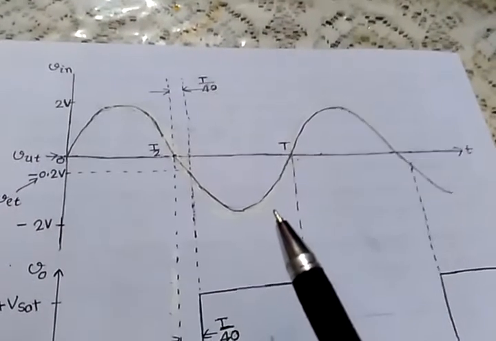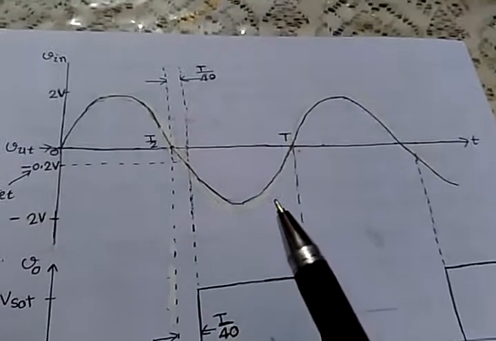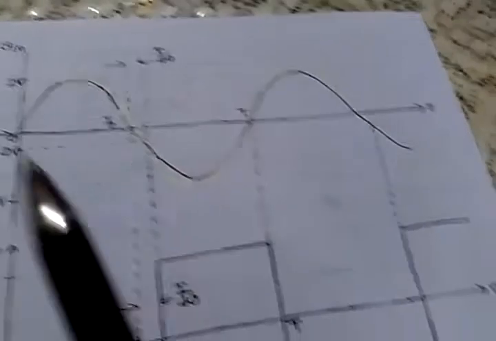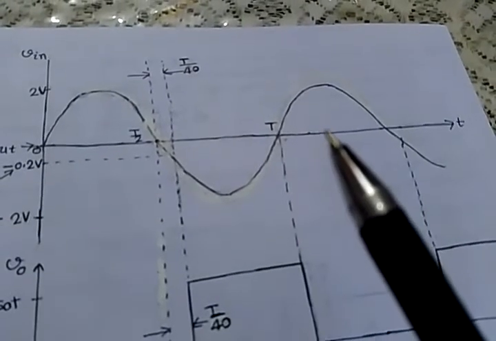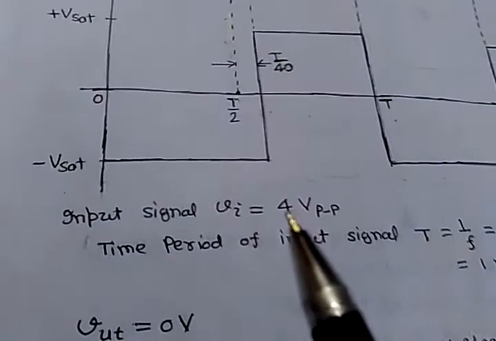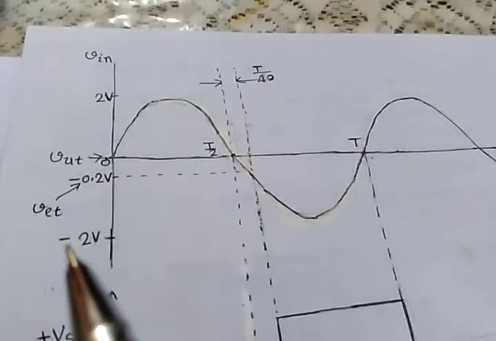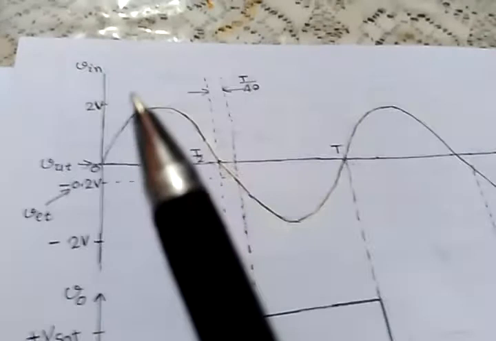This figure shows the input signal for this problem. Input is a sinusoidal signal whose amplitude is 4 volt peak to peak. So I have shown here the amplitude is minus 2 volt to 2 volt.